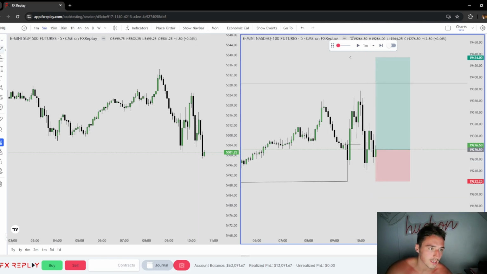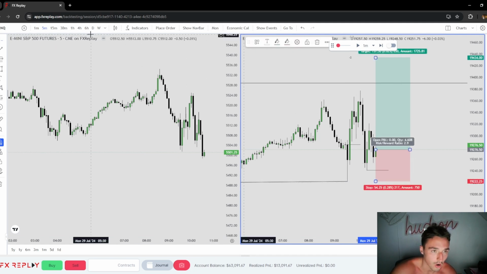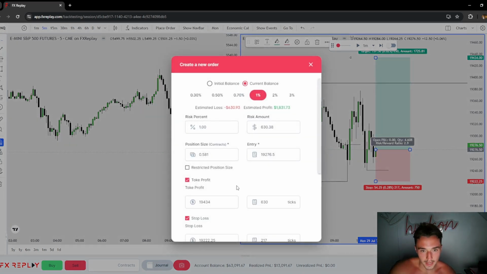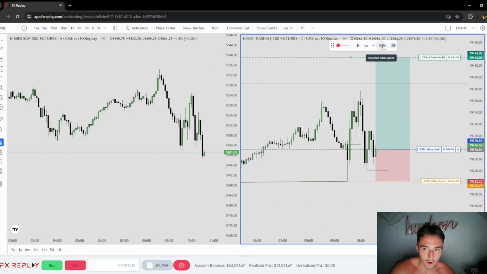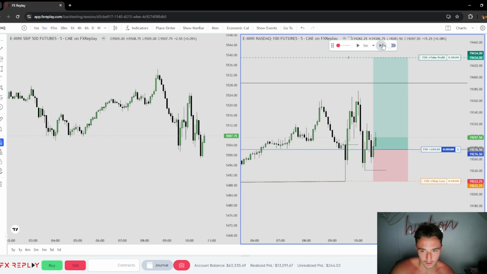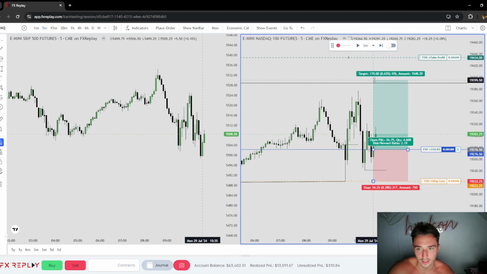Just like I said before, this low can get taken. But if this low gets taken, then I'm incorrect in all. I'm just totally wrong. That is why I would be okay with this and just trying a long here. Because I think the draw is higher anyway. And is this a 2R here? Okay, so this is a 2R.